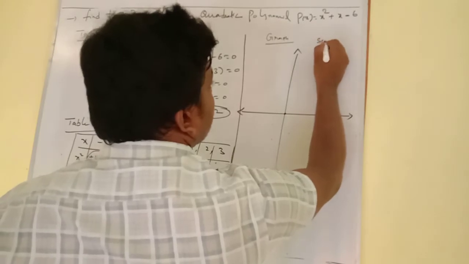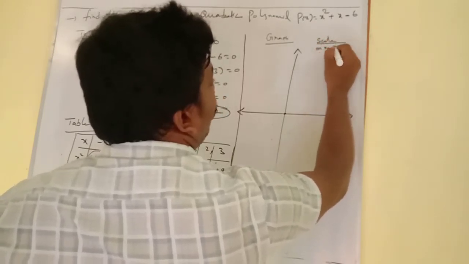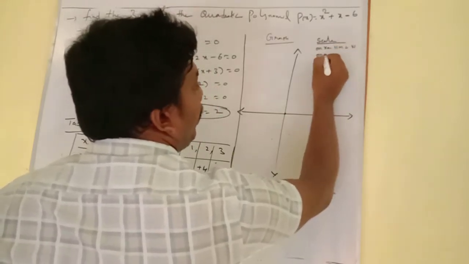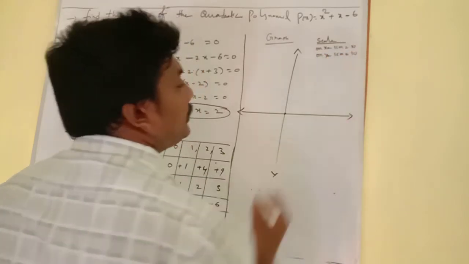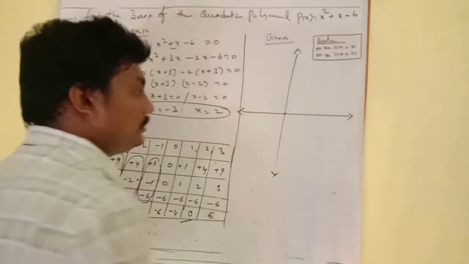Scale: on the x-axis, 1 centimeter equals 1 unit. On the y-axis, 1 centimeter equals 1 unit. The scale is a must to display this.